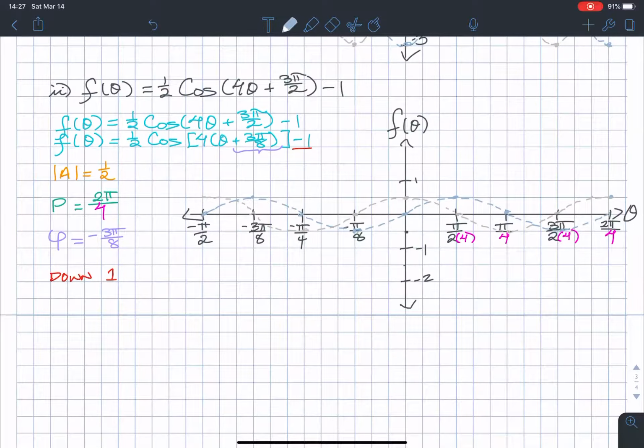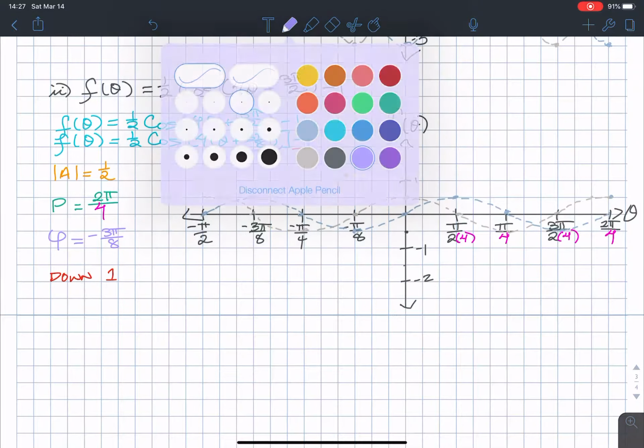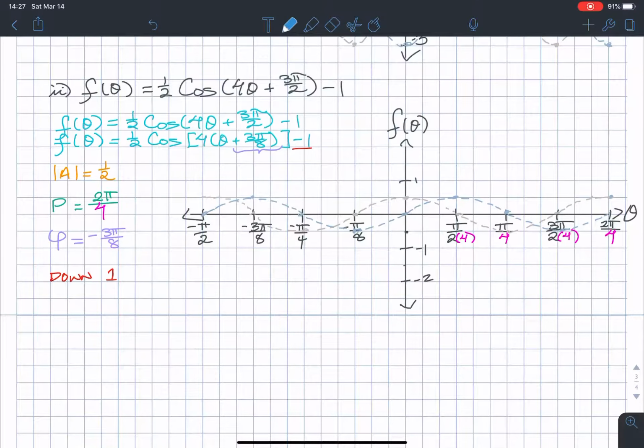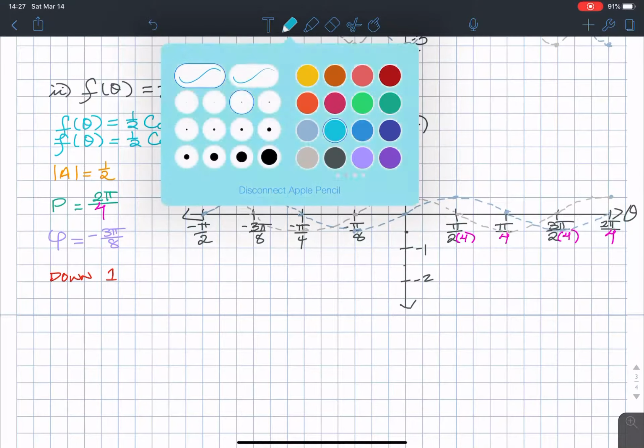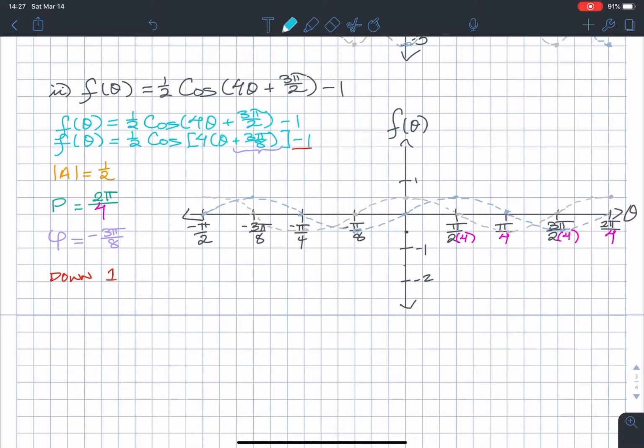Okay, and finally, let's move all of those points down. Maybe I'll do this. What color should I use? Okay, dark blue and light blue. So now everything is shifted down 1 unit. So this point that's here on the axis is shifted to negative 1. This point here at positive 1/2 is now negative 1/2.